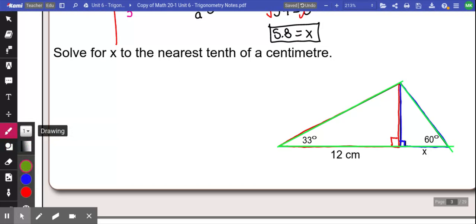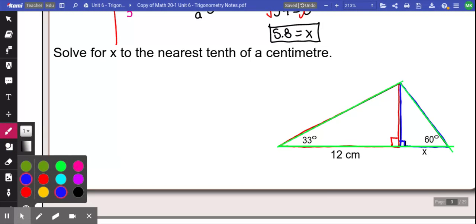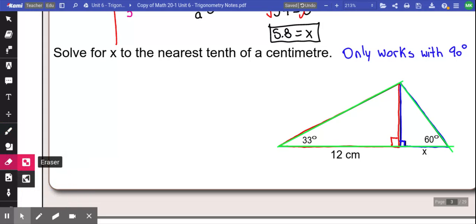The reason why is because our trigonometry that we know only works with 90 degrees. And that green triangle is not a 90-degree triangle. It might look like it, but it's not. If they don't tell you something's 90, then it's not 90. So for this question, that green triangle is irrelevant.